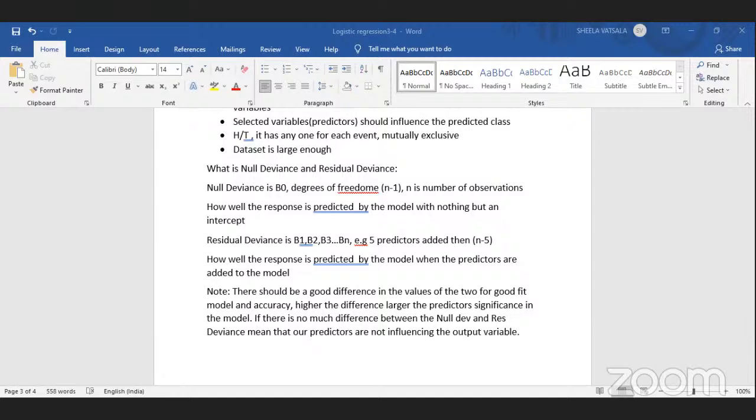What are the parameters that we can fine-tune in order to improve the accuracy of the model?